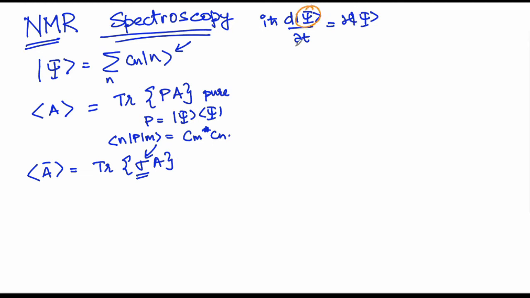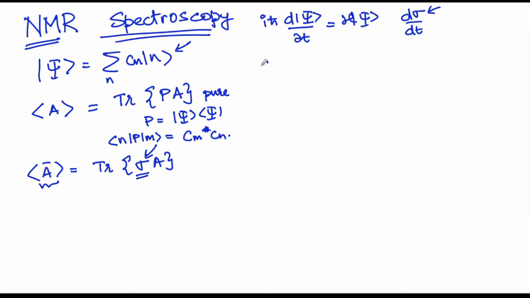The time evolution of the wave function is given by this equation. So similarly, if we are able to get the time evolution of the density matrix, then we will be able to understand how the density matrix behaves at any time. And after a given time, let's say you want to observe it, you take the product of the observable operator with that of the density matrix, and you will be able to get the final answer.